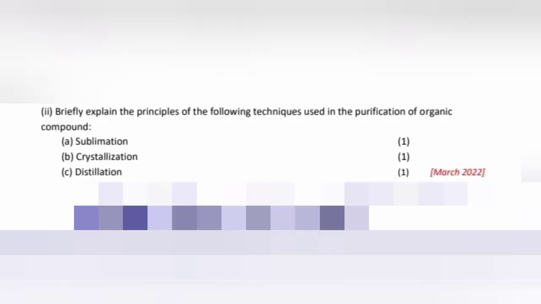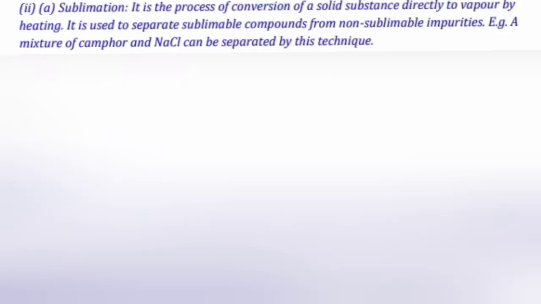Or a question may ask us, briefly explain the principle of the following techniques used in the purification of organic compounds. A. Sublimation. It is the process of conversion of a solid substance directly to vapor by heating. It is used to separate sublimable compounds from non-sublimable impurities. Example: a mixture of camphor and NaCl can be separated by this technique.